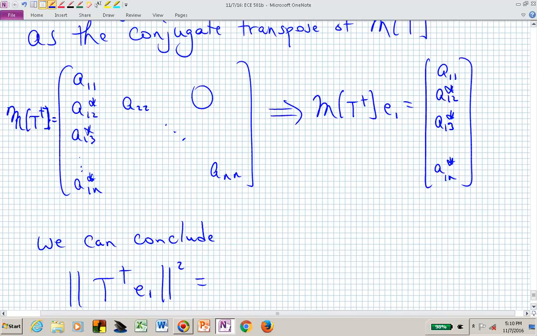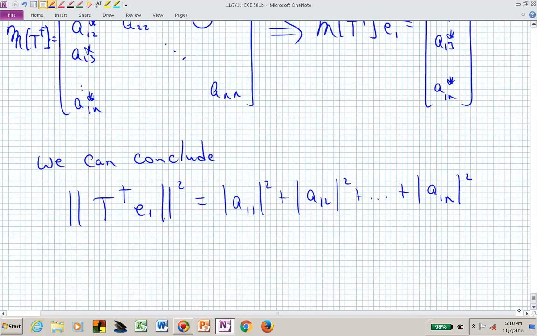Now we need to find the norm squared of that vector, and that's just the individual coordinates' absolute value squared. So we have A11 squared plus A12 squared, etcetera, plus A1n squared.